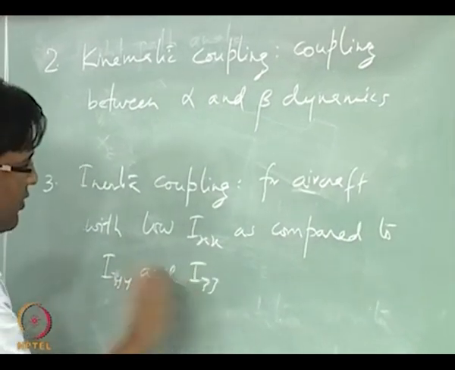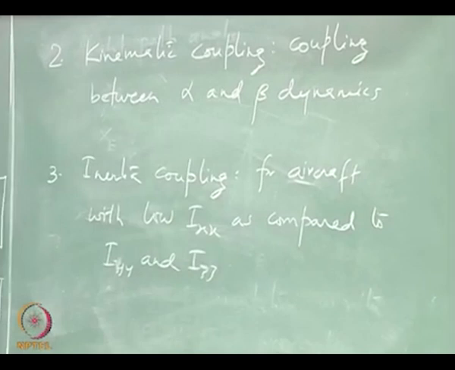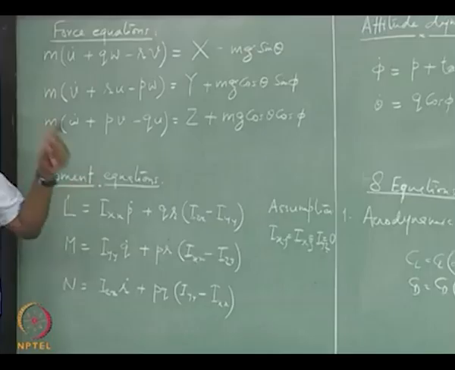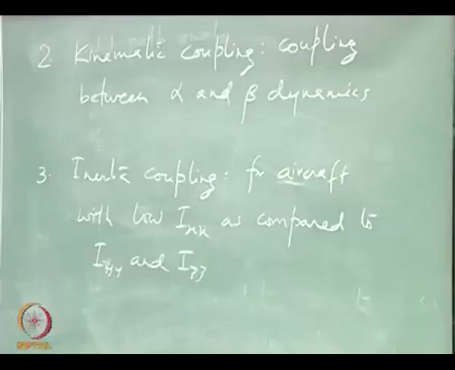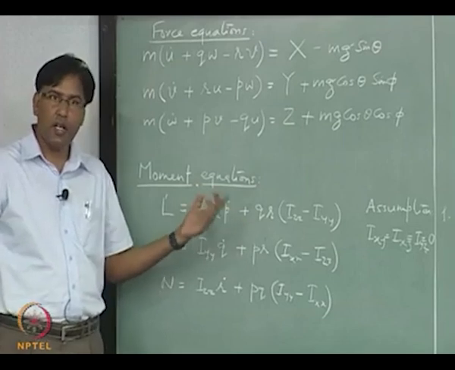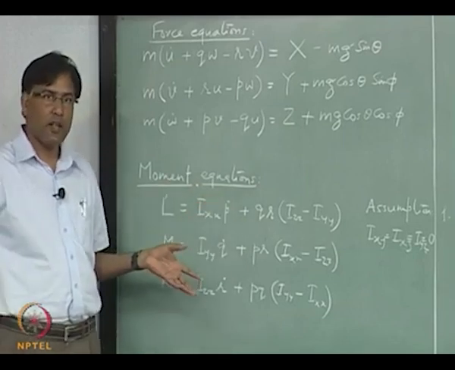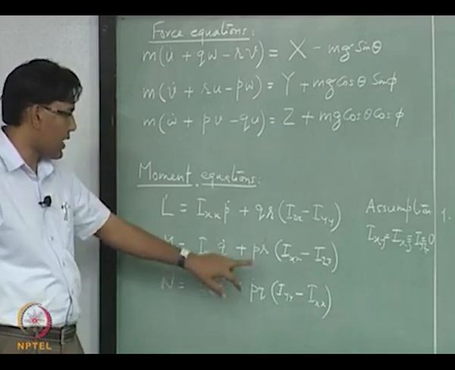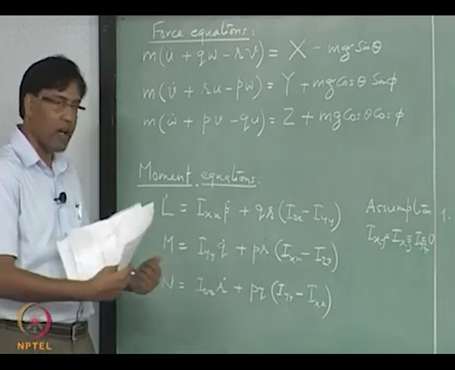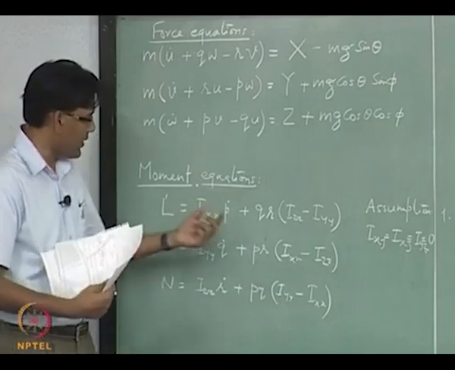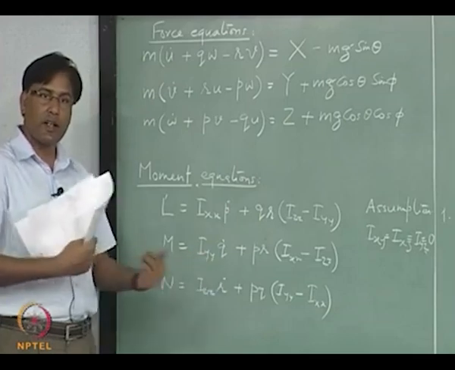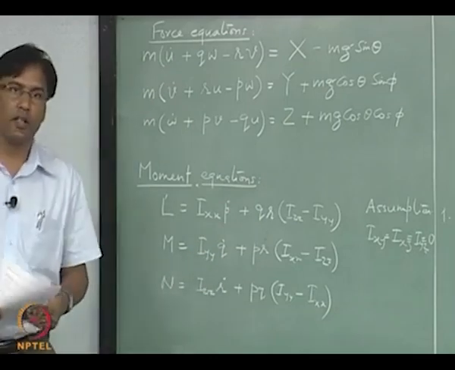So, what happens here is because of this low Ixx, for significantly higher value of the roll rate, Q and R start, they get strongly coupled. So, you have a roll rate which is going to affect the pitch rate and yaw rate, and they are affecting each other, right.